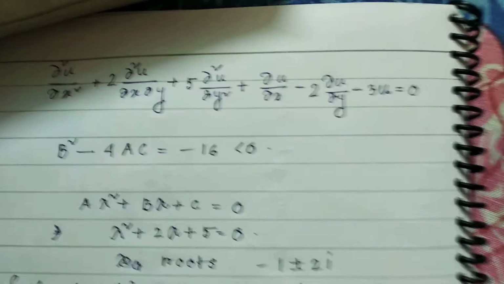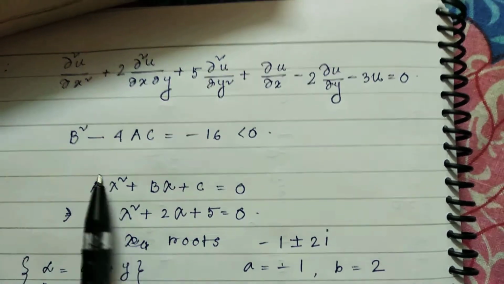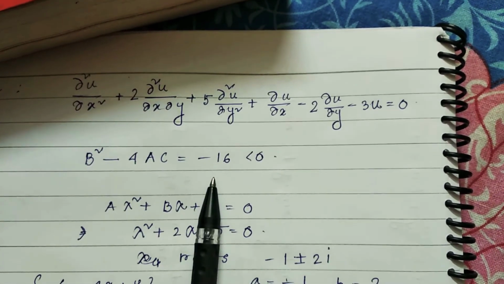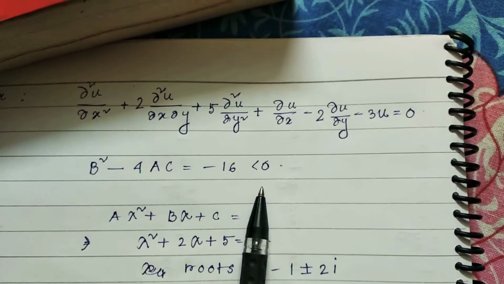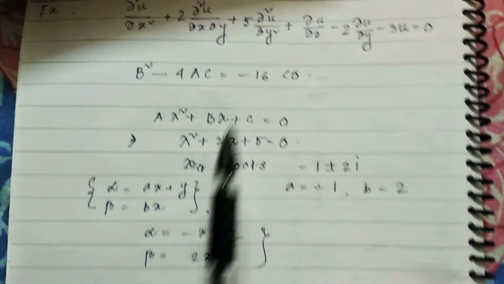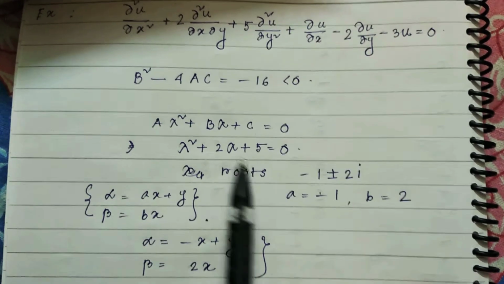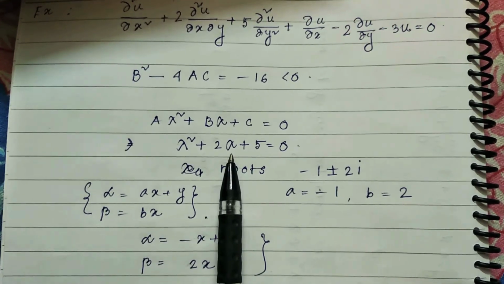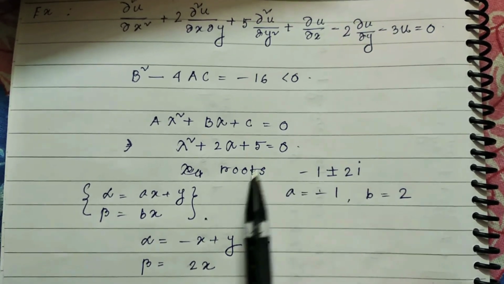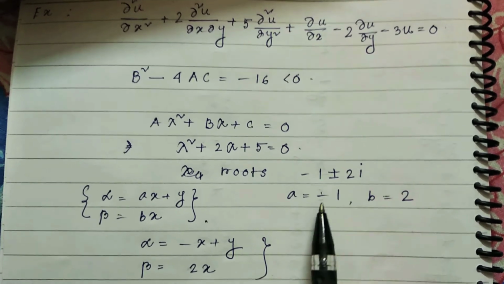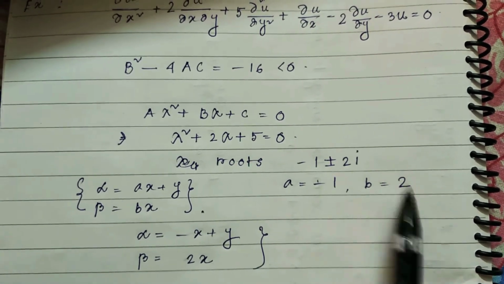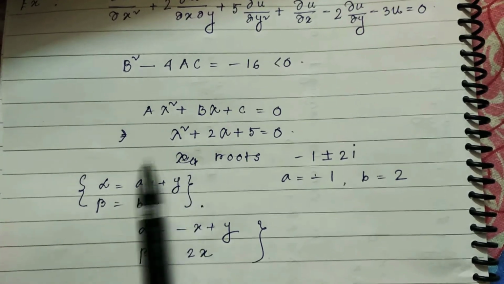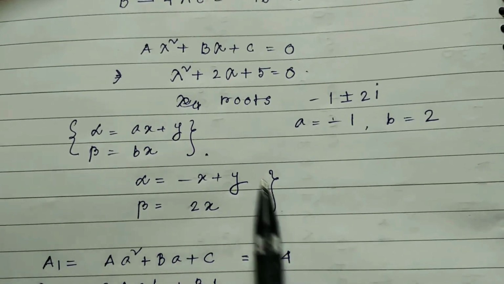So we take an example of this equation. You see that b square minus 4ac is 16 minus 20, you can check, this is less than 0, so it is an elliptic equation. So you consider the quadratic equation, it becomes lambda square plus 2 lambda plus 5 equals 0. The roots become minus 1 plus minus 2i, so we have a equals minus 1 and b equals 2. So the transformation becomes this.